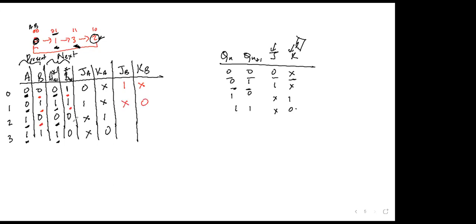And then the next one is 0 to 0. That will be 0, don't care. The last one is 1 to 0, so that is don't care, 1. So this is my excitation table for the sequence that I have here.